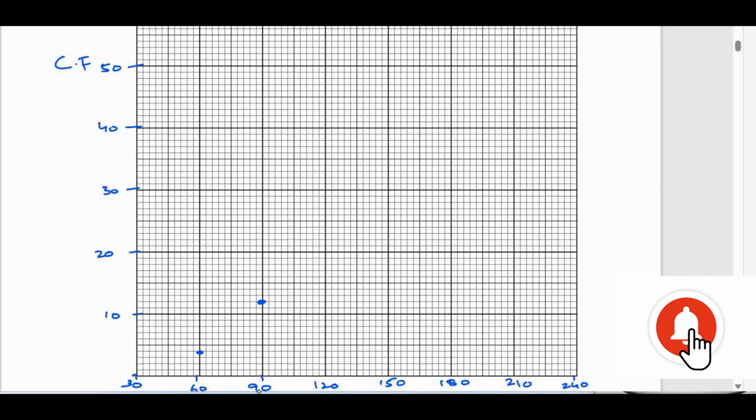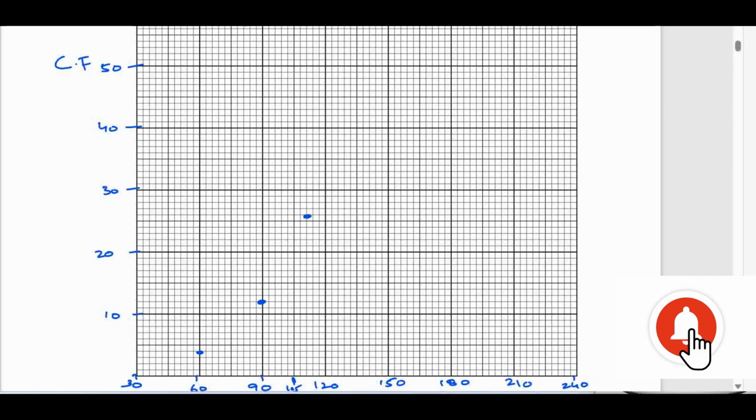Similarly at 110, so where will be 110? 110 will be at which point? This must be 105. So after 105 this will be the central point, so this will lie somewhere here. At 110 the cumulative frequency is 26, so this point will lie here.